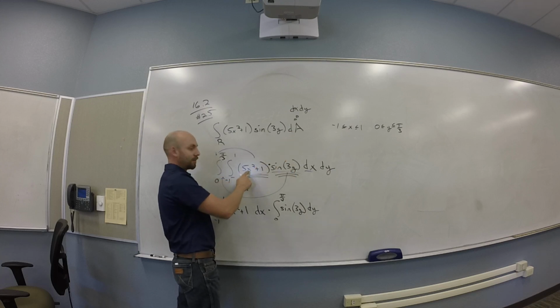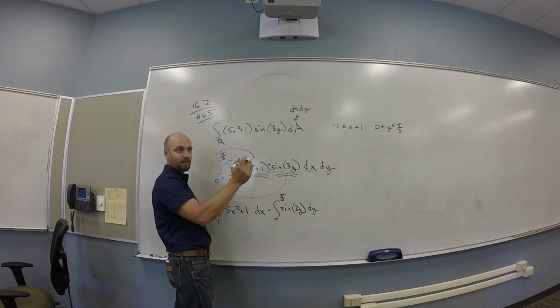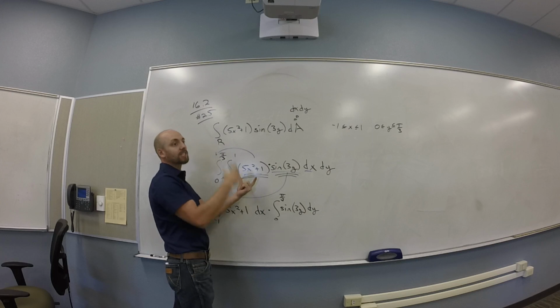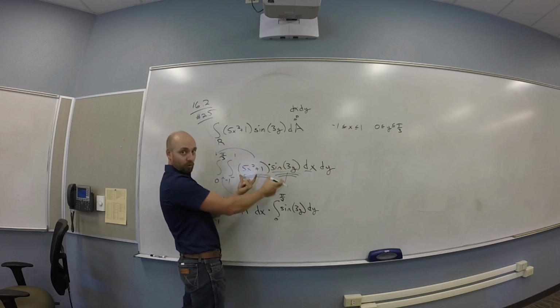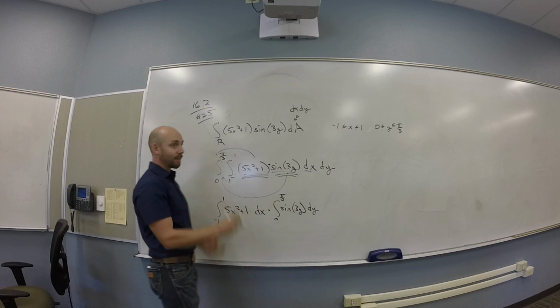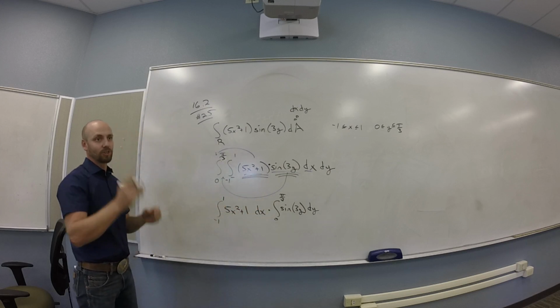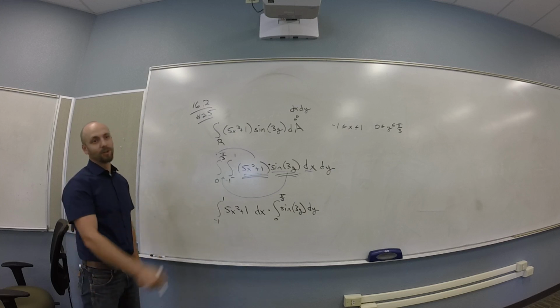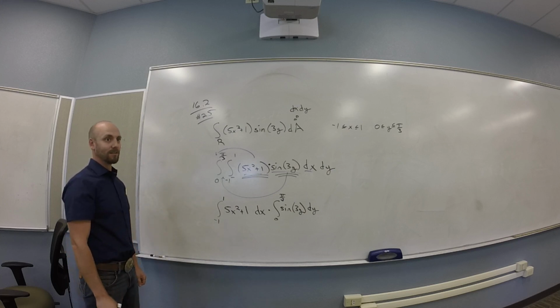If you had a y, like if you had 5x squared plus y, you couldn't do that. So it only works when one thing is strictly a function of x and not y, and the other thing is strictly a function of y and not x. And they're multiplied together. If they're added together, you're screwed. If they're divided, you're screwed. I mean, you could rearrange that one, right?